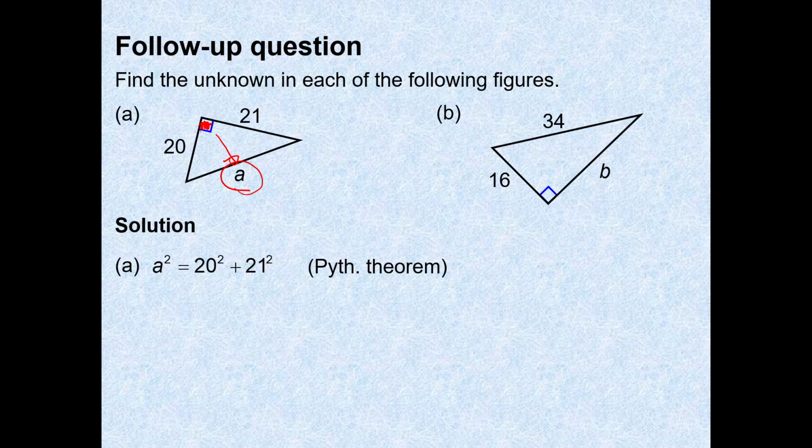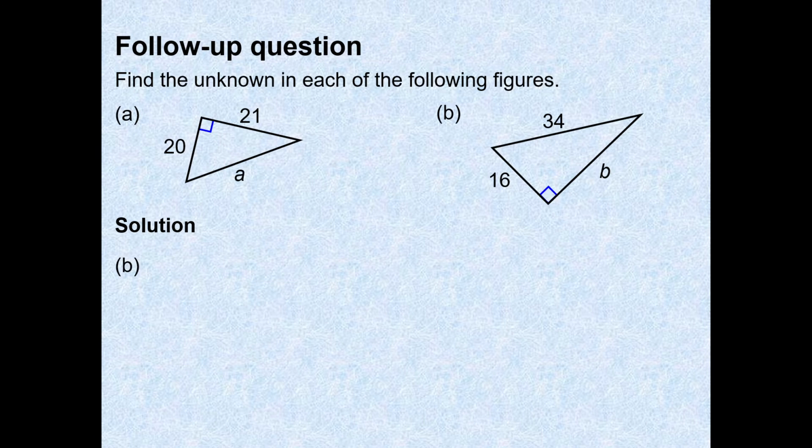We always take out the hypotenuse and single it out on one side, and on another side, we combine the squares of the remaining two sides by addition. By taking the square roots on both sides, we find that A will be 29.